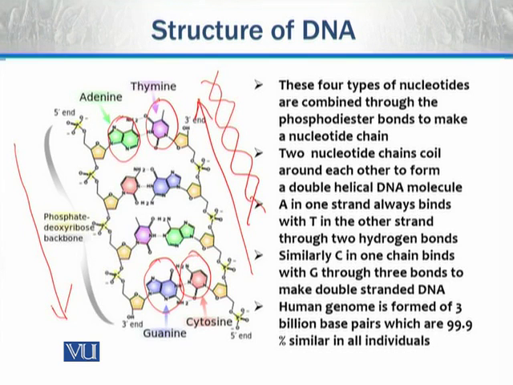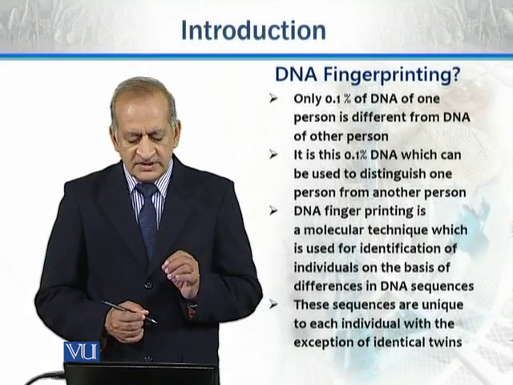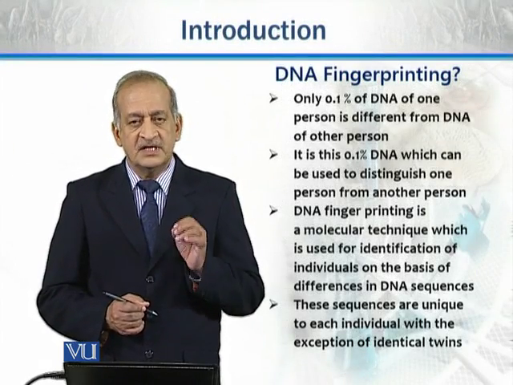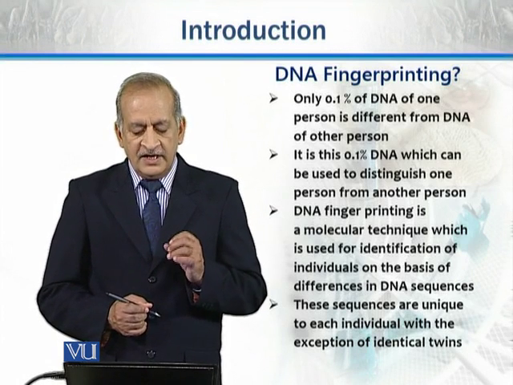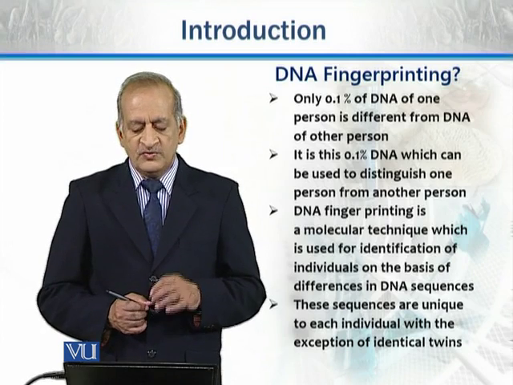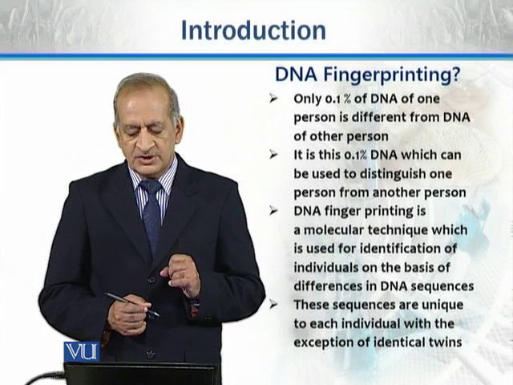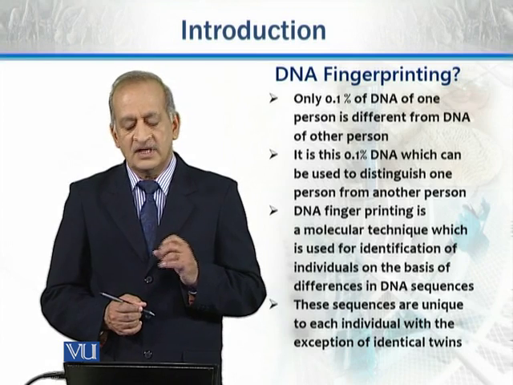This 0.1% difference in DNA is responsible for different types of human beings, and it is this 0.1% of DNA of one person that is different from the DNA of another person, and it can be used to distinguish one person from another person.